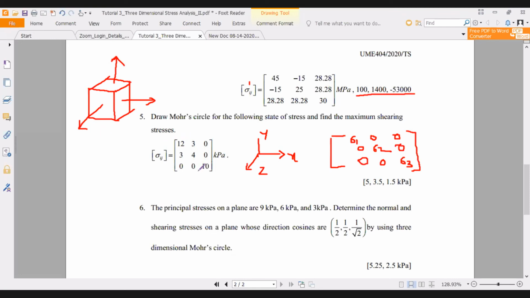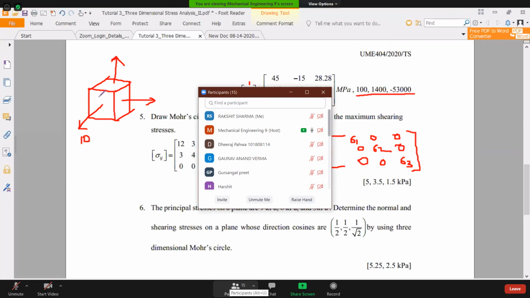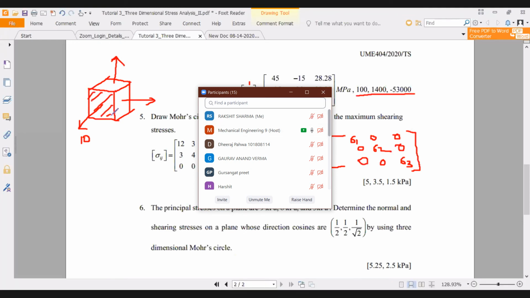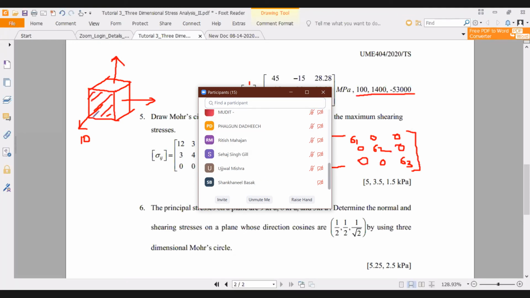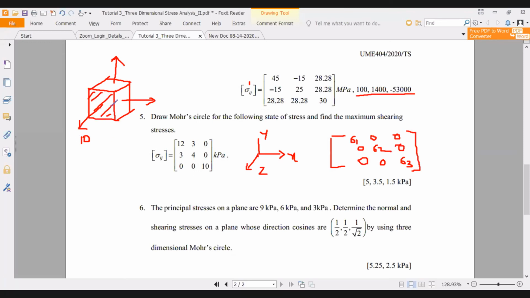So if you relate these things with this, 10. Yes, obviously that is 10, because suppose I am talking about this face, that is the xy face perpendicular to the z direction. On this face we have no shear stresses. See, these are 0.